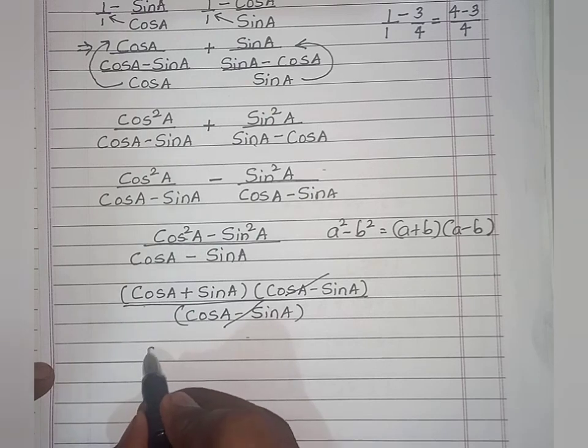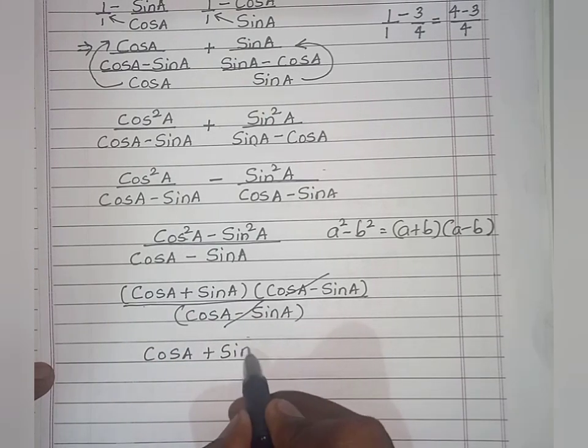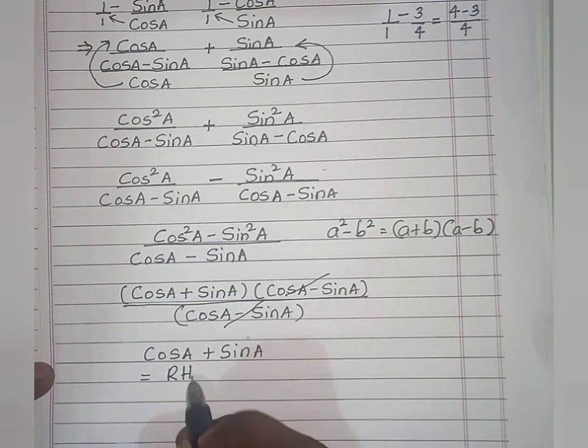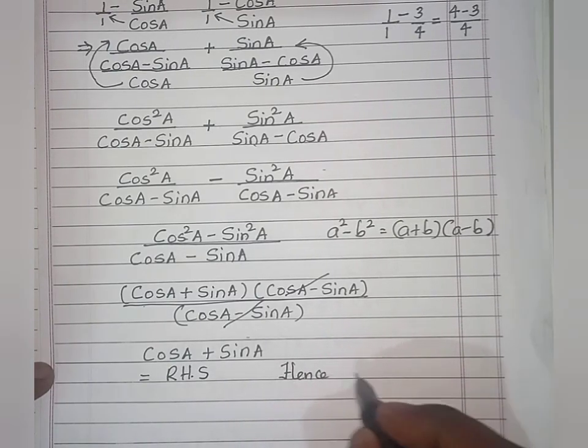The remaining term is cos A plus sin A, which is the required RHS. Therefore, hence proved.